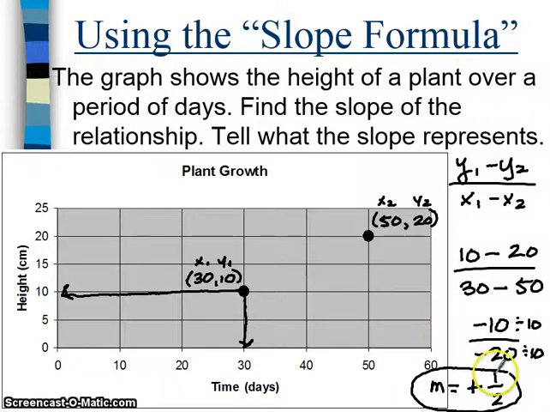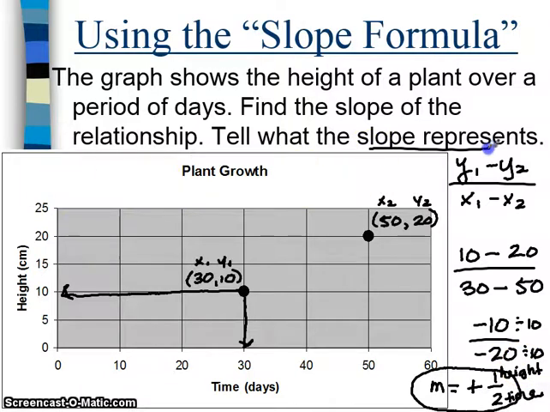Because remember, the numerator is the change in y, which is the change in the height in this case. So 1 height, 2 time, or 2 days. Now put it into a sentence. Each time 2 days passes, the height increases by 1.